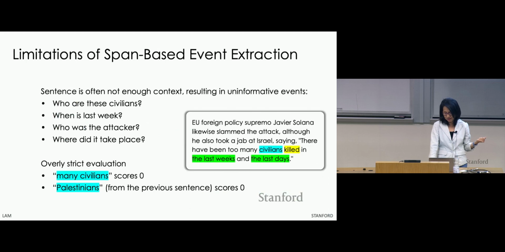So the sentence is often not enough, and you have these uninformative events. I like this example: you're looking for numbers. When I say many civilians, you say 0 people. They're not matching because they're just looking at words. So this is just not enough.